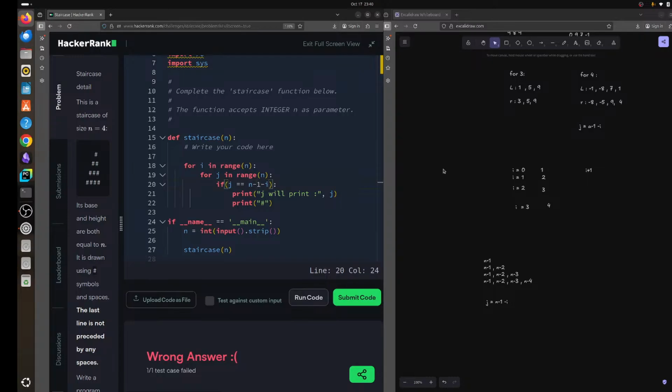So think of something. Okay, let's consider that n minus 1 is something called a. Then j came. What should be the condition?